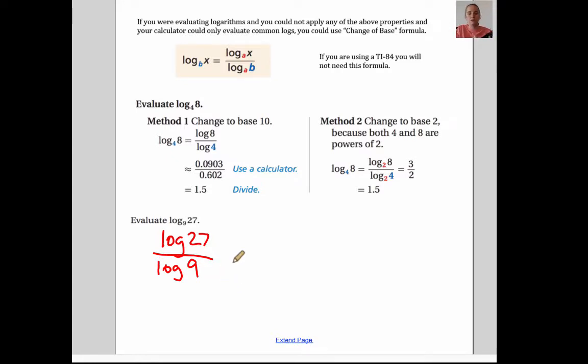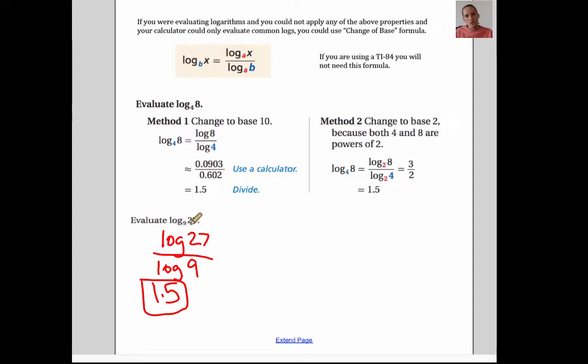If I type in log of 27 divided by log of 9, in my calculator I get the result 1.5. That is the value of this logarithm.